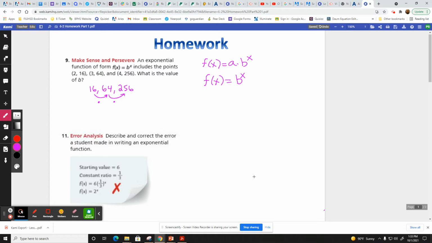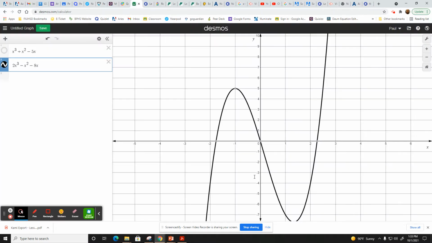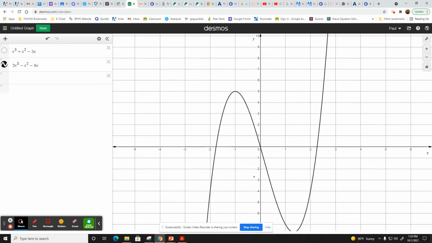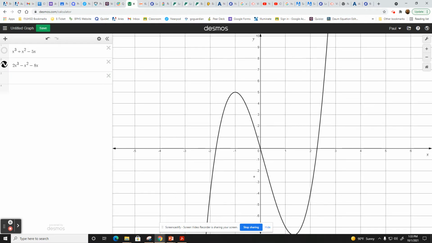If you're ever unsure, you can just open a Desmos tab and divide one of the numbers by the previous one. So I'm going to take 64 and divide it by 16, and I get 4.